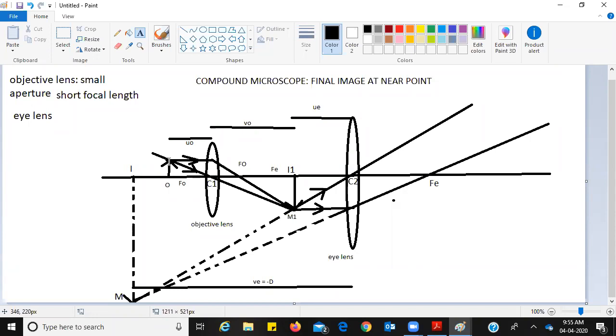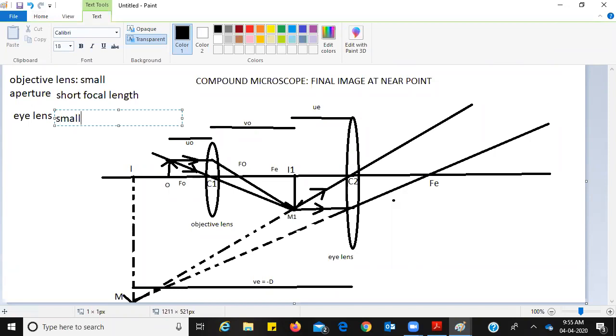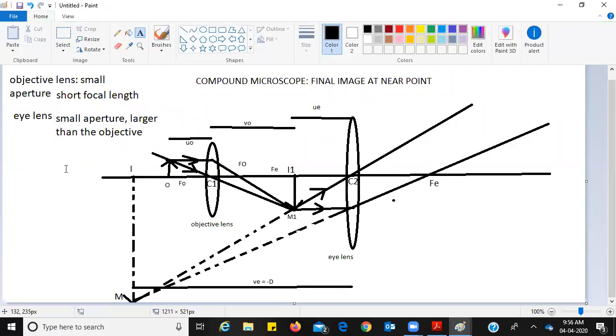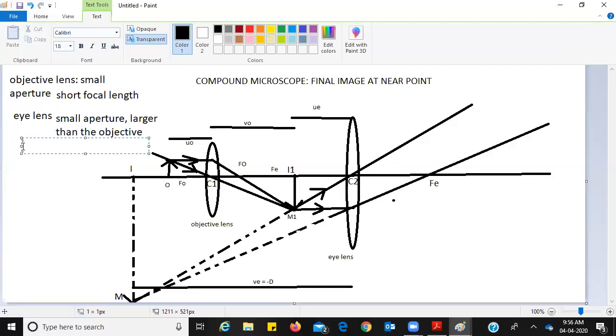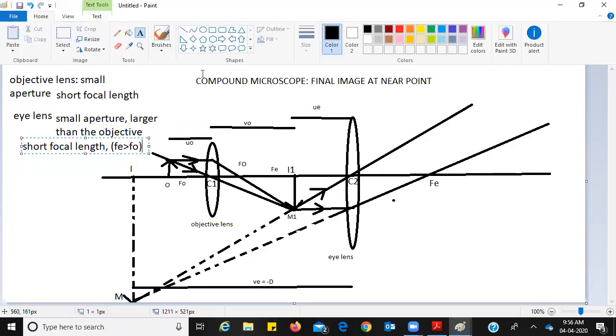Small objects will be formed, not that much magnified. So the eye lens also has to have a small or medium aperture, but larger than the objective, to cover the image formed. The focal length again has to be short, but still larger, FE has to be slightly greater than FO. Both have to be short and small, but slightly greater compared to the objective lens.